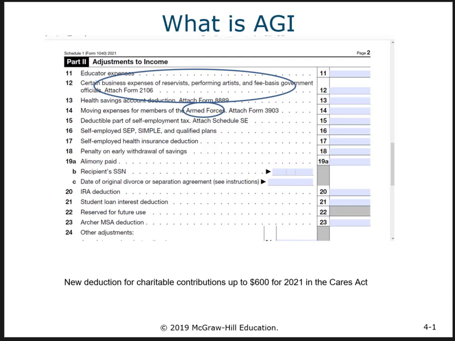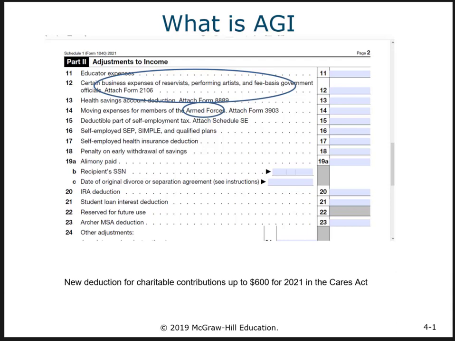There's a couple we're not going to talk about. One we're not going to talk about, and I just want to point it out because it's a little confusing. See it circled here, line 12, certain business expenses of reservists, performing artists, and fee-basis government officials.